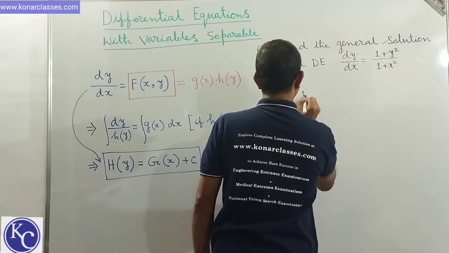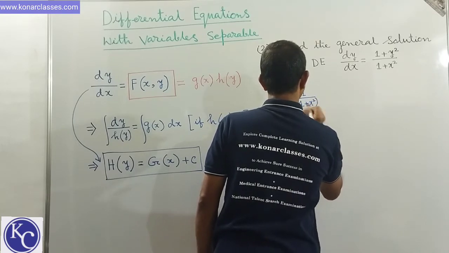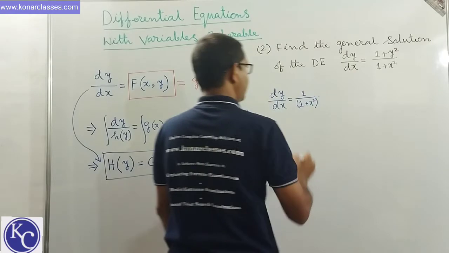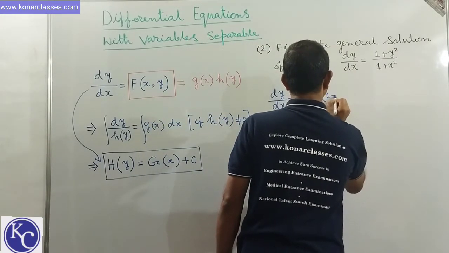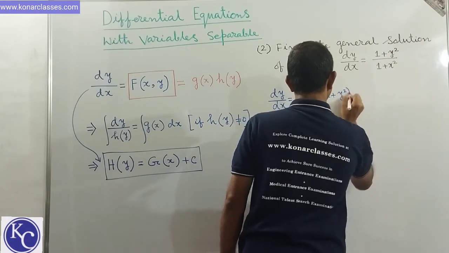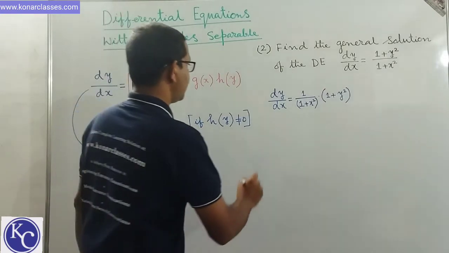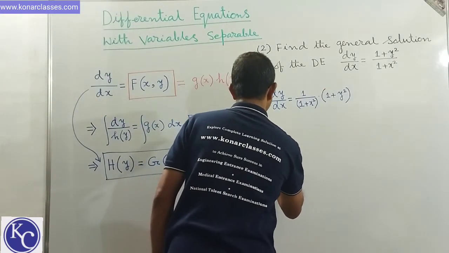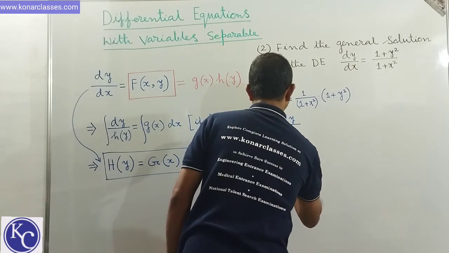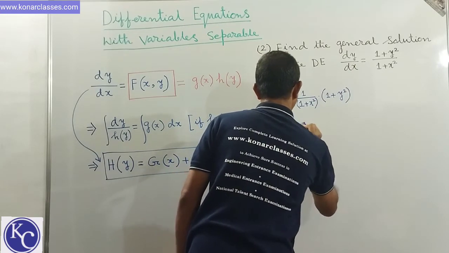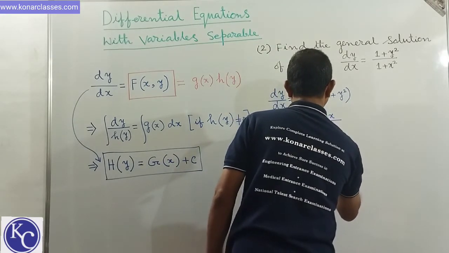That is 1 by 1 plus x square, into the other function which is on y, that is 1 plus y square. Variable separable. So now what we can do? This implies dy divided by (y square plus 1) is equal to dx by (x square plus 1).